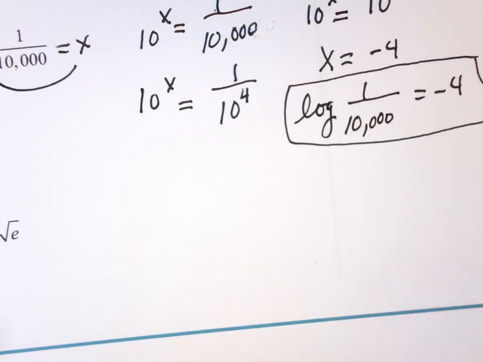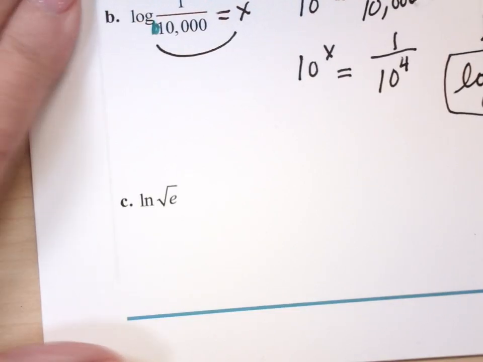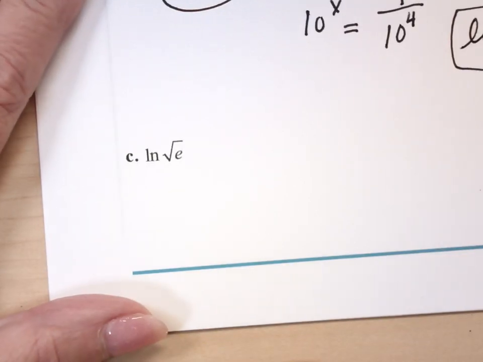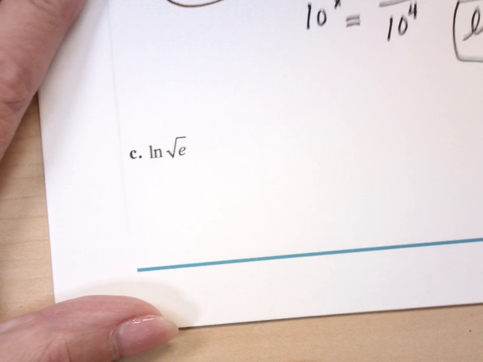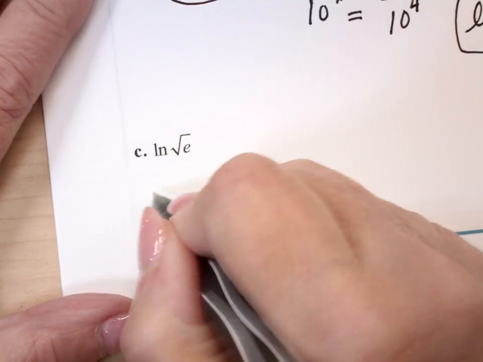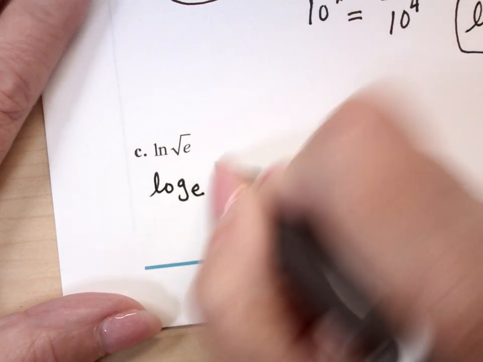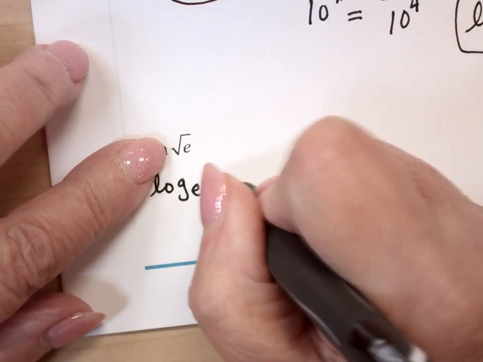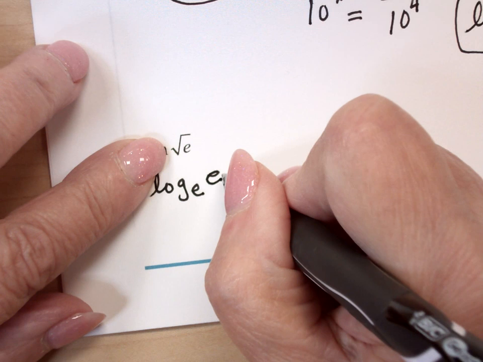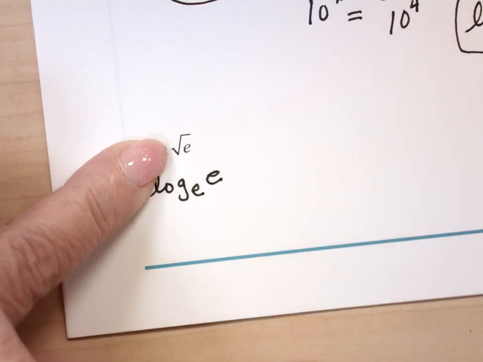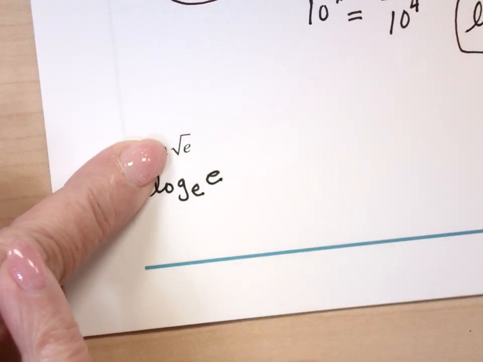Is when you wonder where they come up with this one. But it's just getting you used to making transitions, that's all. Natural log is log base e, so this is log base e of square root of e is the same as e to what power? Square root of e is e to what power? 1/2.